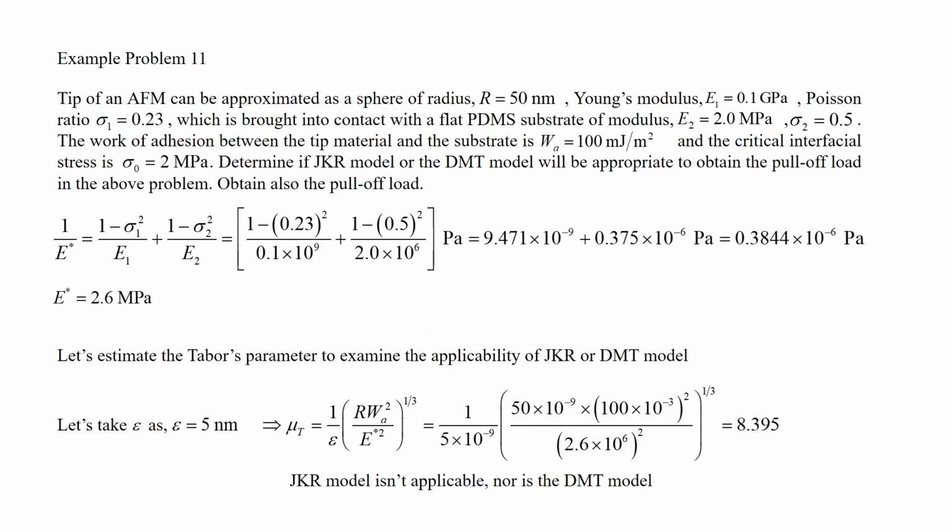Now, there is another problem here. The tip of an AFM can be approximated as a sphere of radius 50 nanometer, Young's modulus E1 0.1 GPa, and Poisson ratio 0.23, which is brought into contact with a flat PDMS substrate of modulus 2 megapascal, sigma 2 is 0.5, and the work of adhesion between the tip material and the substrate is again taken to be 100 millijoule per meter square, and the critical interfacial stress that the interface can resist is 2 megapascal.